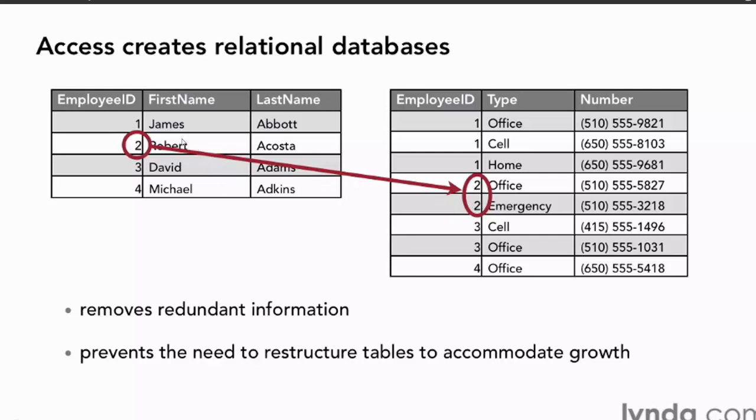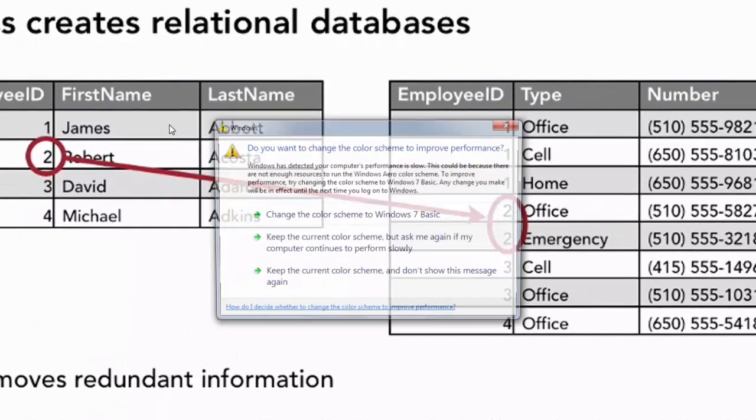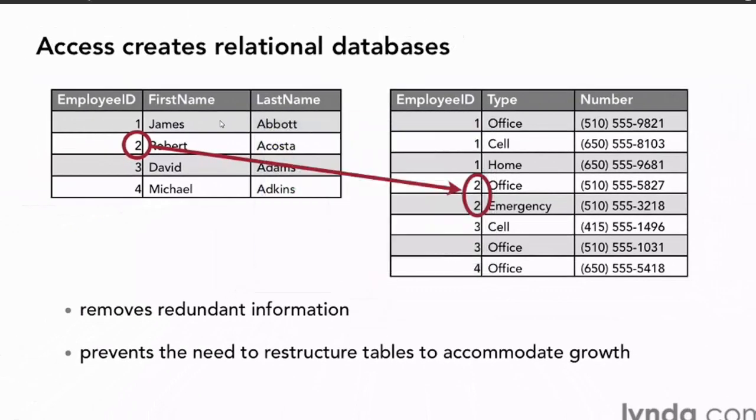What would be duplication is if the name for James Abbott under 1 was also in this table. And the idea is that one method of making sure your database is accurate is by only having James Abbott written on your database once.